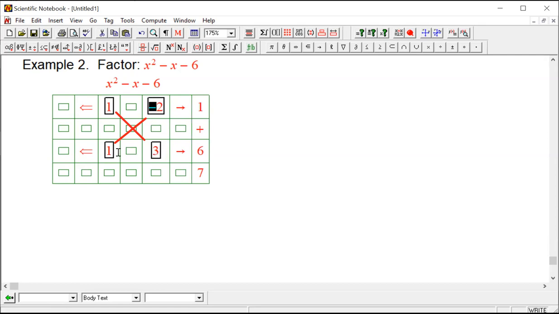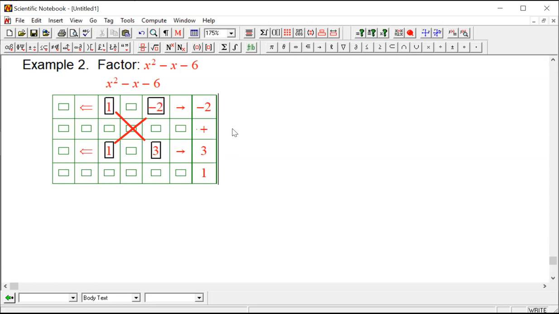So let's give it a try. So 1 times -2, this is a -2, and 1 times 3, and that's going to be 3. -2 plus 3 equals +1, and +1 does not match -1. So this choice also doesn't work. So we just keep trying.